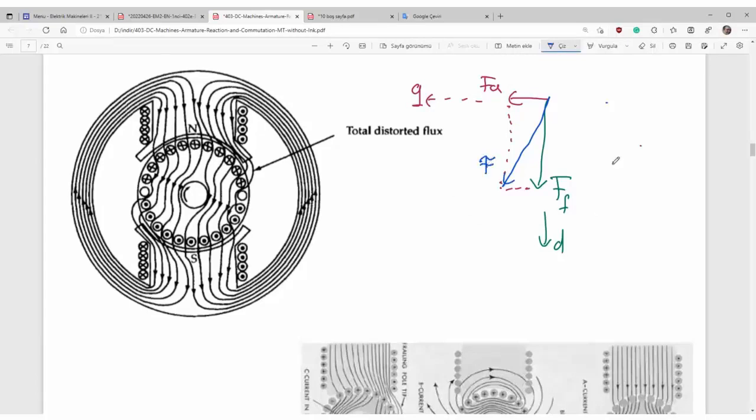That is the resultant F. F, you know, F over reluctance makes flux. That is MMF over reluctance causing flux. Here you see some flux lines, distorted. Distorted, I mean, here there was a uniform distribution.